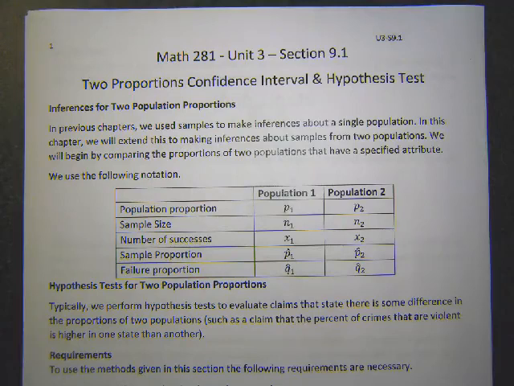Okay, so 9.1, we're dealing with two populations, and we'll be looking at proportions. So the big difference here is in chapter 8 and chapter 7, we were dealing with confidence intervals and hypothesis tests. We only had one set of data. We were just looking at one population, one group, and building a confidence interval or hypothesis test from that. In this section, we're dealing with what if you have two populations and you're trying to compare them.